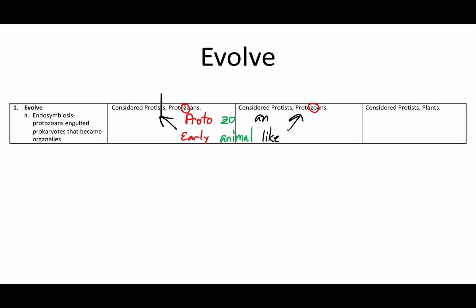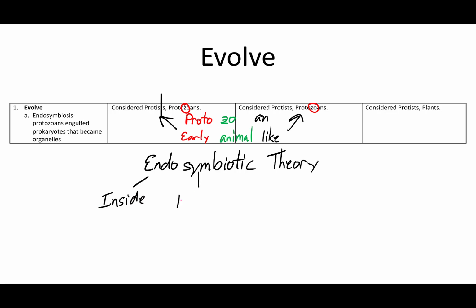It has the mitochondria. So how did this happen? Well, it's through that process called the endosymbiotic theory. Endo is inside, sym is together, bio is life.